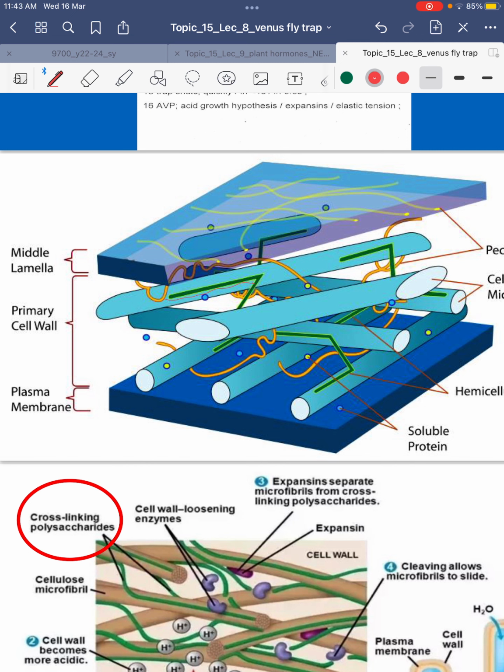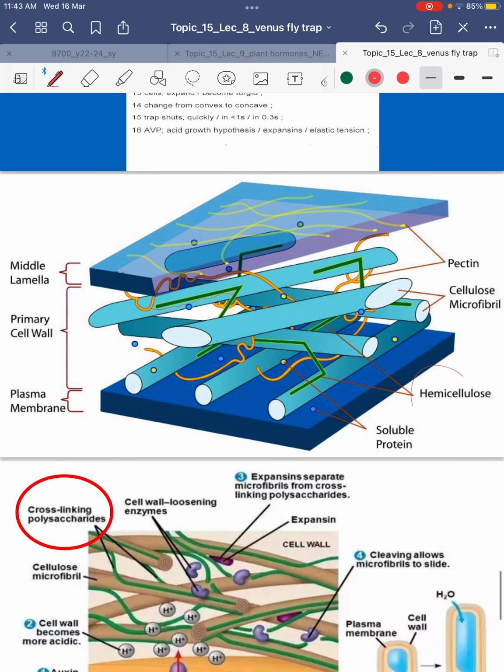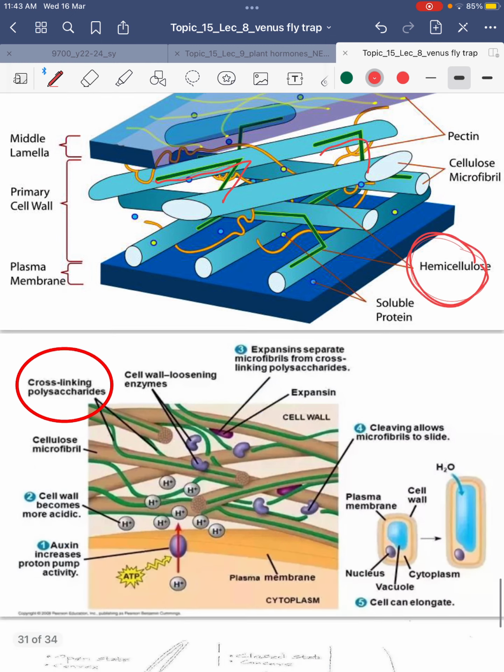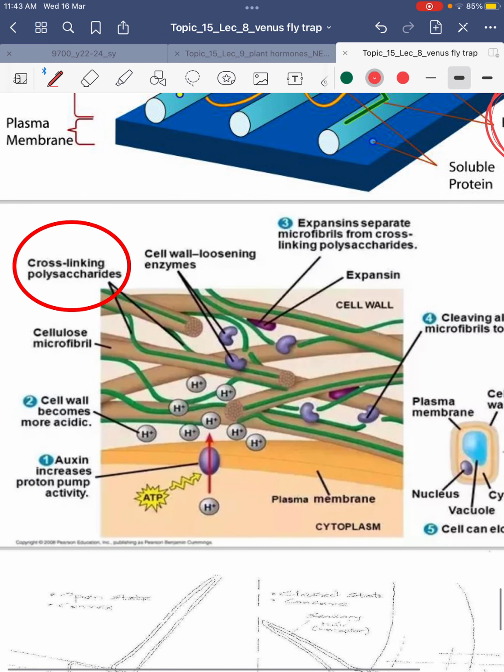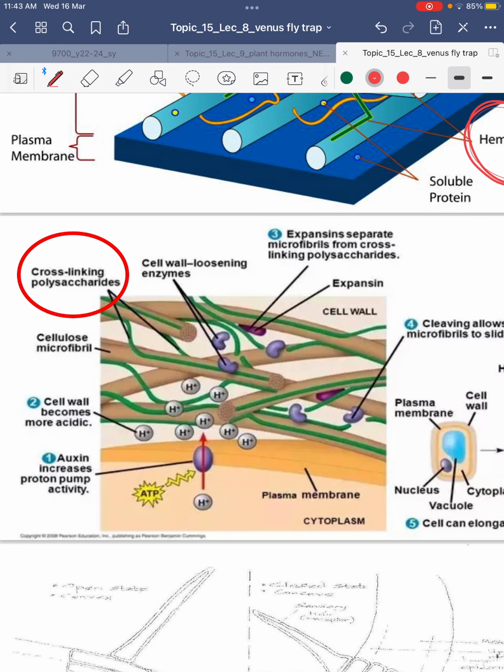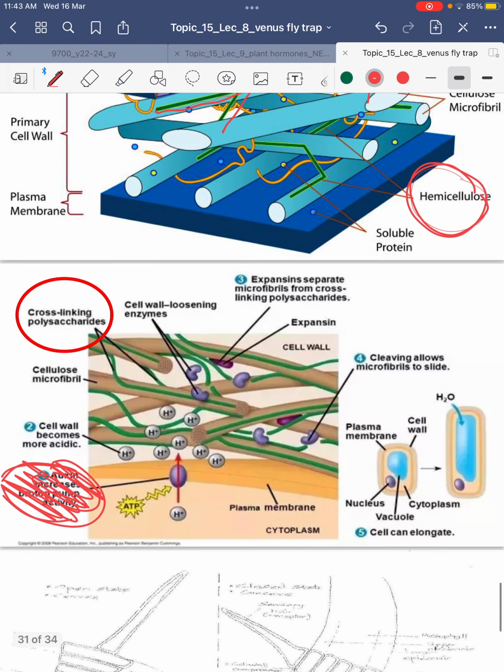The hemicellulose, this one here, hemicellulose, okay, the green color here. The same thing with here, except that I provided you this image with the auxin here. I told you this is a different syllabus, okay, but now it is related. So the breaking of the crosslink is the same.